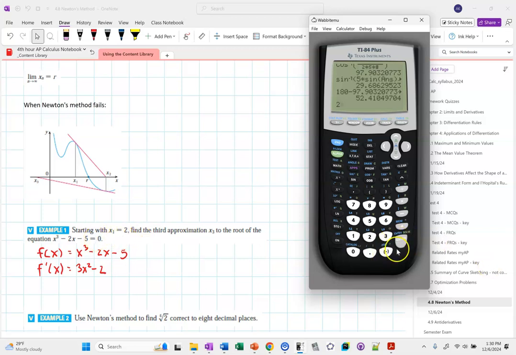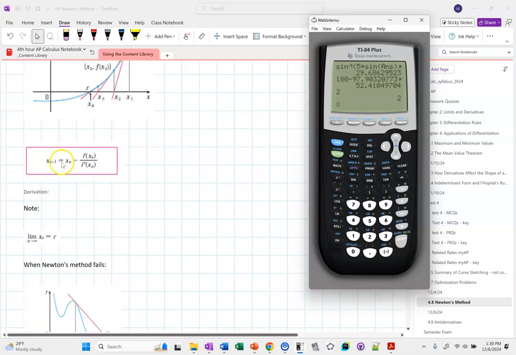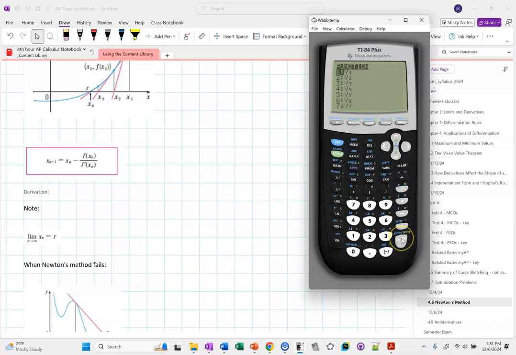That tells me it's 2, so I'm just going to press 2 and then enter. And then I'm going to fill in this formula. So my x sub n is 2. So I'm going to have ans minus, and then I'll do vars, y vars, function y1 of ans, divided by vars, y vars, function y2. That's my derivative of ans.